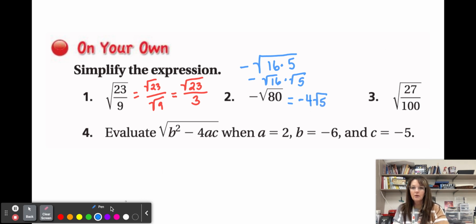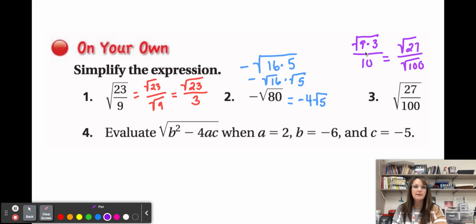Okay, for number 3, we're going to take the square root of 27 and put that over the square root of 100. I'm going to kind of go backwards here. In the numerator, we have the square root of 9 times 3, because 27 can be broken up into its factors of 9 times 3, over 10, right?